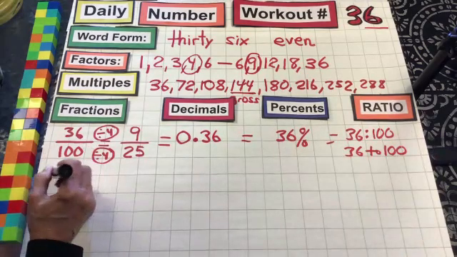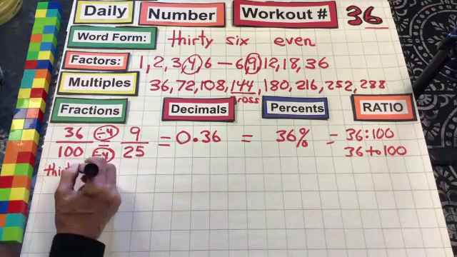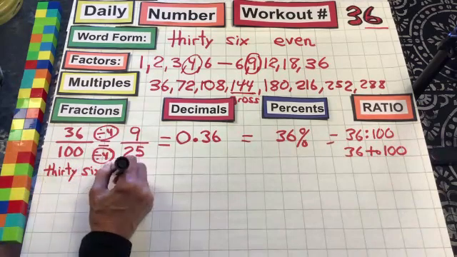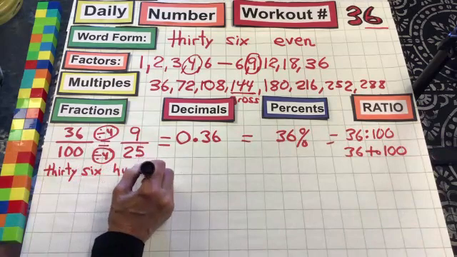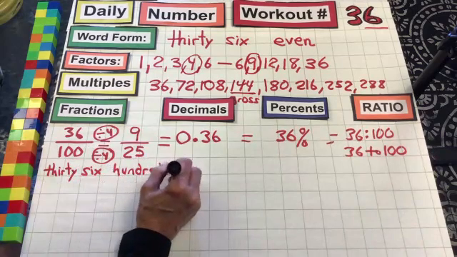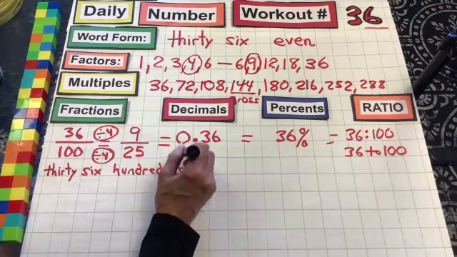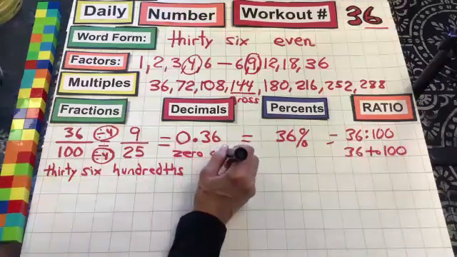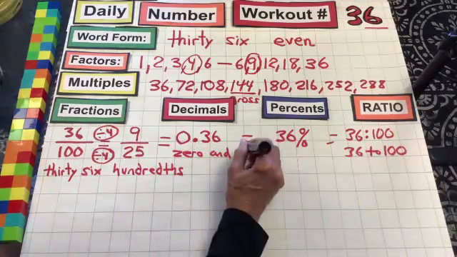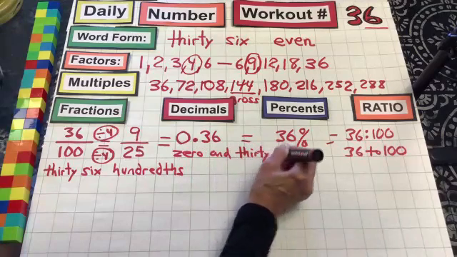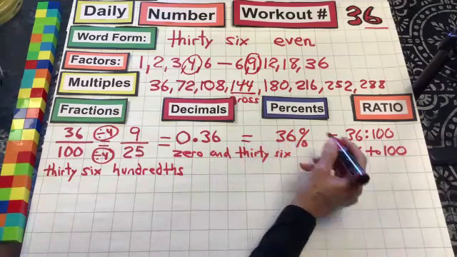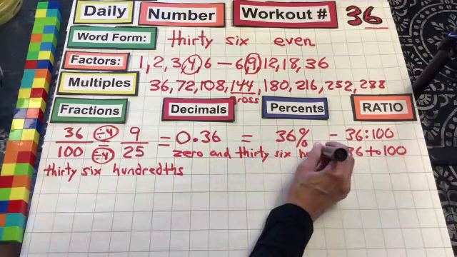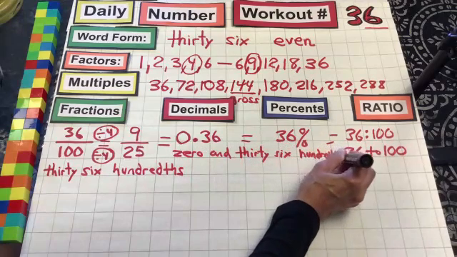Now let's write this in word form. So we have 36/100, 0 and 36/100. I'm going to write it real small, but you guys know what that is.